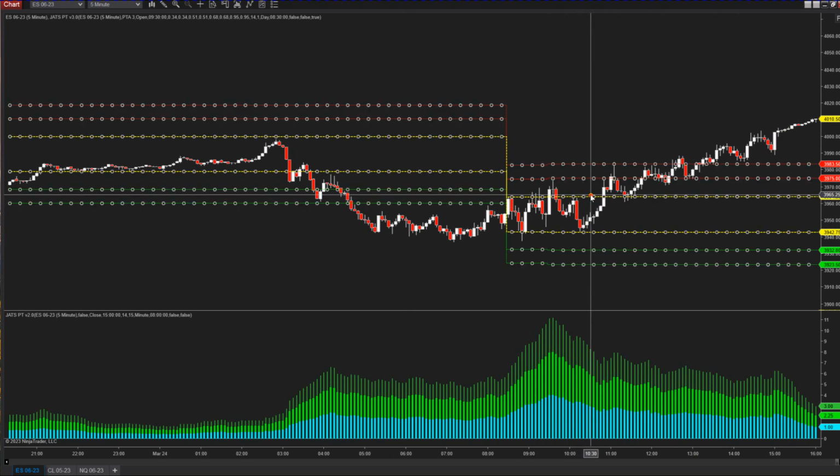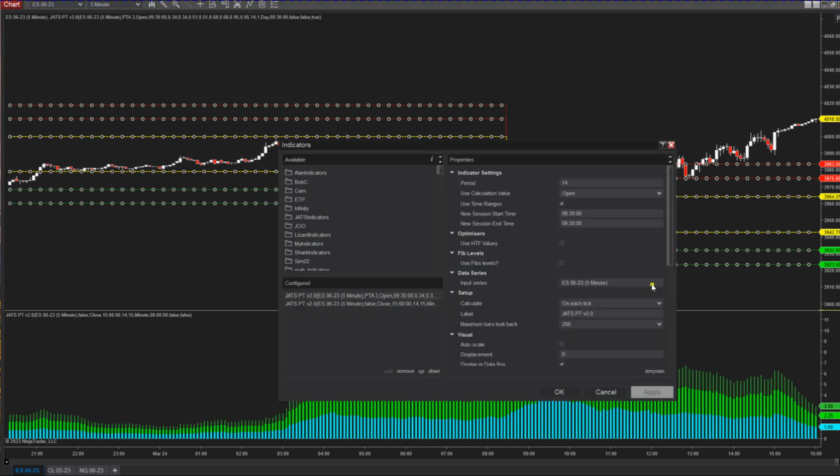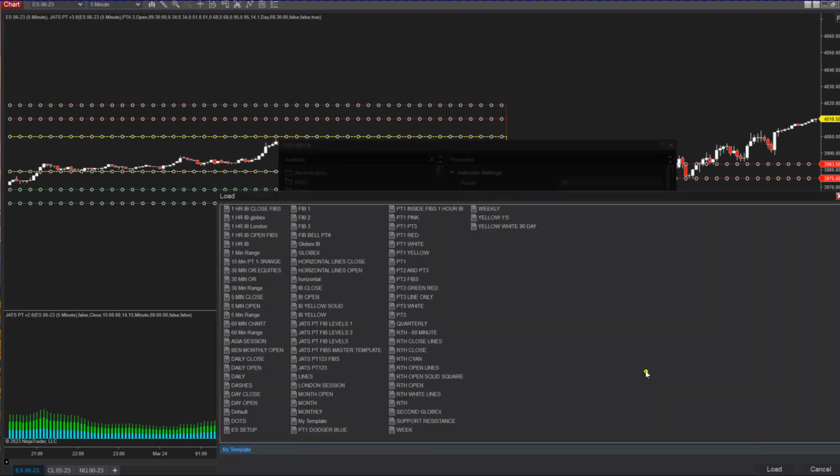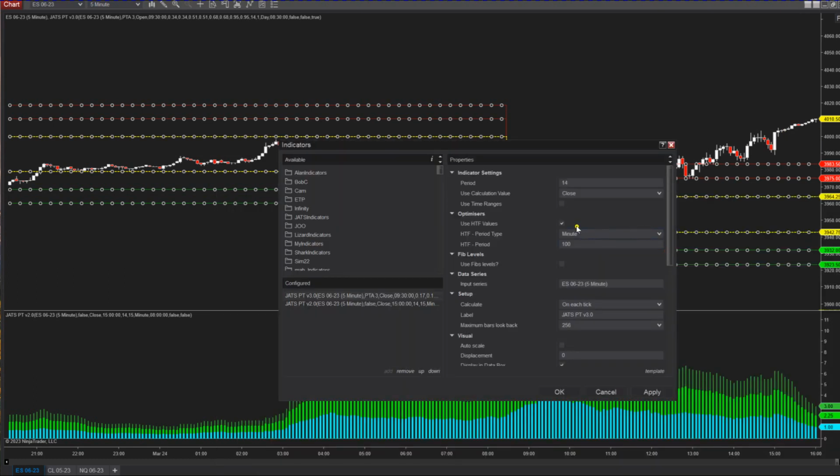If we just want to visualize the PT1 without any other level, I can put the PT1 by itself on both the open and the close.